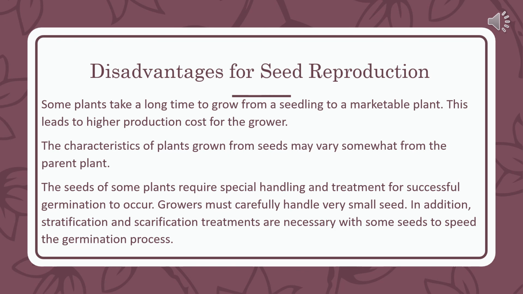Next, we don't know exactly what characteristics will be coming from our seeds, especially if they are hybrids that we have created ourselves. So a piece of advice that I always give when talking about seeds and propagated material is know where it comes from.